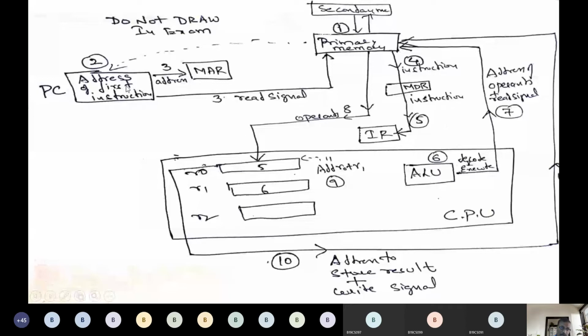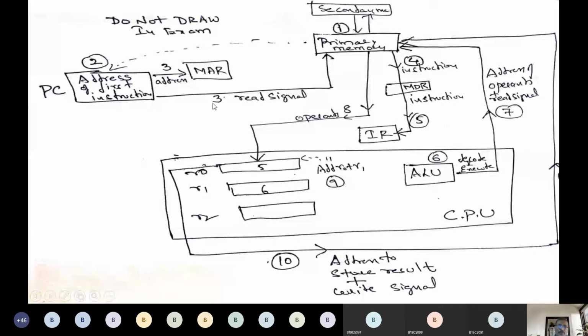At the same time, the read signal is also sent. You can see the 3 numberings given at a time. The address is stored here, and the read signal is sent to primary memory, saying: I am sending the read signal, please send the first instruction.